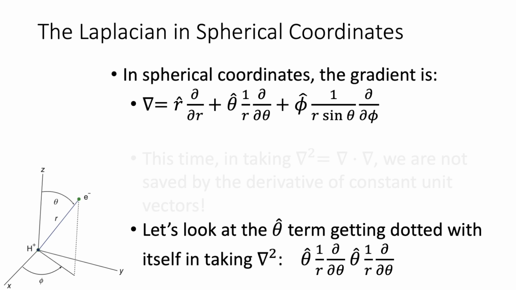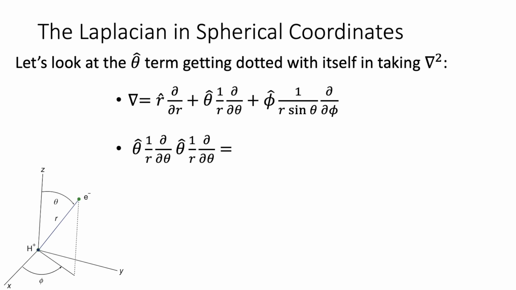And so now, let's look at the theta term, for example. When that gets dotted with itself, we're multiplying that term by itself, and it looks like this. So this is just the theta term. Similar to how we looked at one term of the Laplacian with Cartesian coordinates and then extrapolated, we're not going to quite do that here, because with the Cartesian coordinates, it all works out beautifully, and the process is equivalent for all 3.